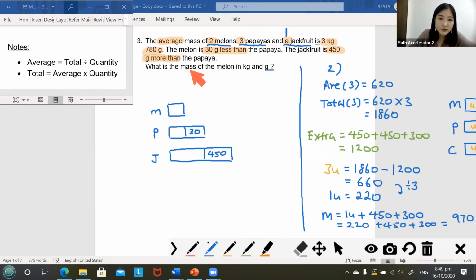So the melons, we have 2 of it, so let's draw in another melon here. 2 melons. 3 papayas. So we need to add on another 2 more because you have 1 here already. We need another 2 more. Okay, so you can draw it here.